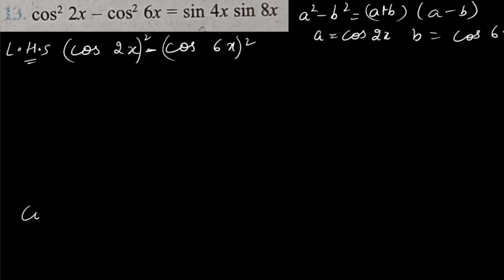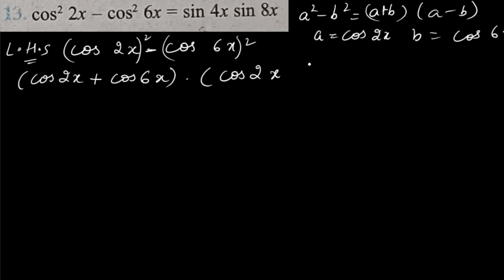First of all, we'll write it in this form, a plus b into a minus b. So when I'm writing a plus b, this will become cos 2x plus cos 6x, into cos 2x minus cos 6x. So this way I have written it now.